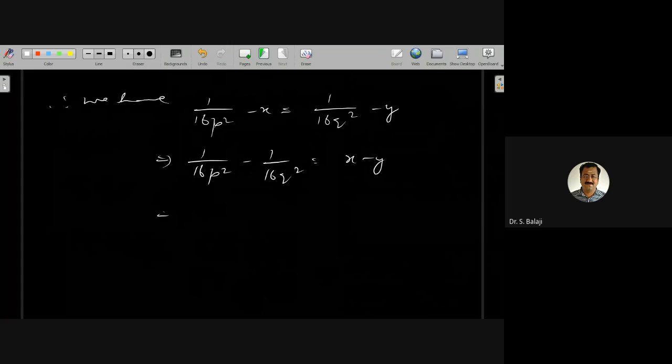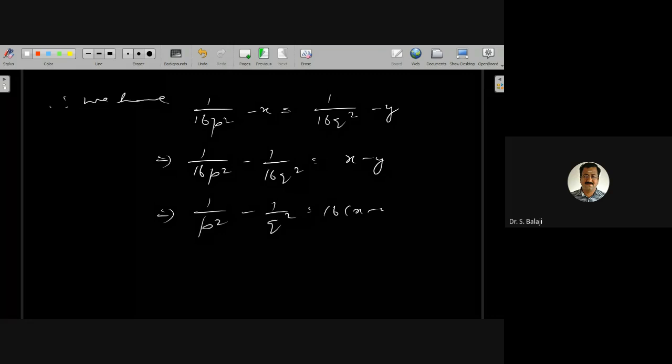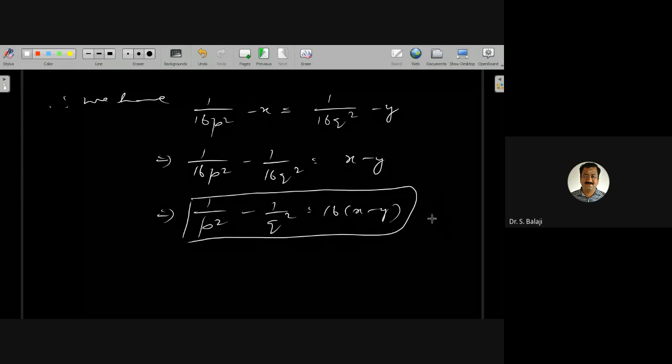Taking 16 common, p square minus q square equals 16 times x minus y. This is the required partial differential equation.